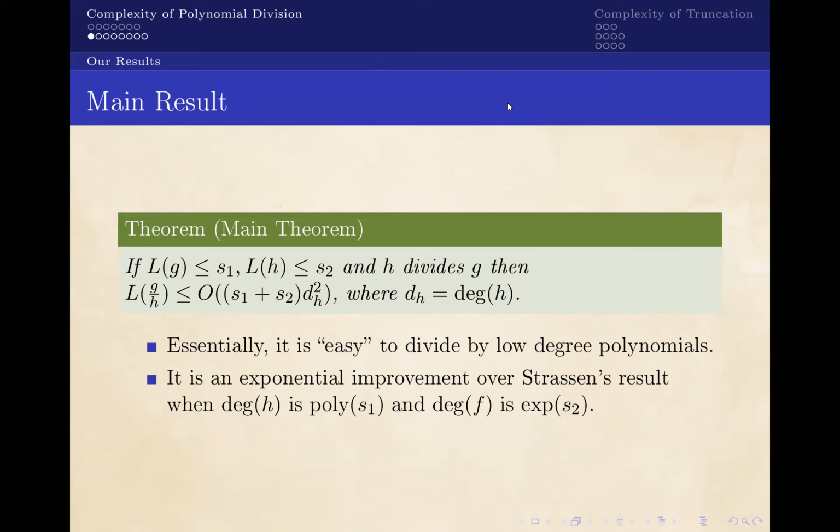You can still compute this G over H efficiently. So this improves exponentially on the Strassen result when the degree of H is poly of S1 and the degree of F is exponentially large.